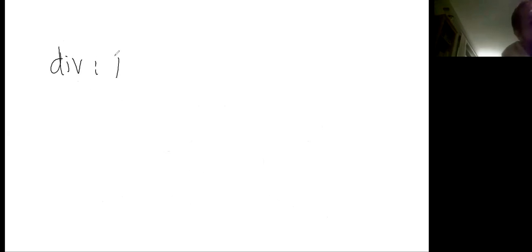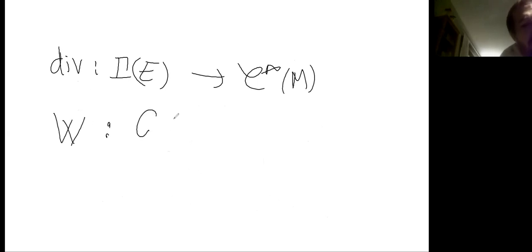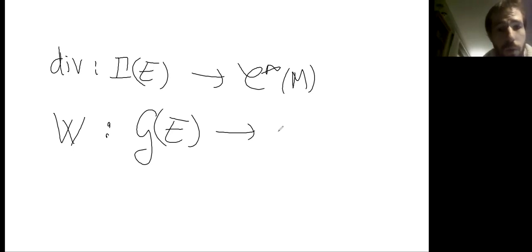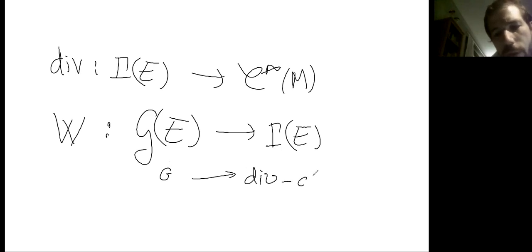If I take a divergence in my Courant algebroid, which is a map from here to here, then I can cook up a map from the space of all generalized metrics into the sections of V, which associates to a generalized metric G, the difference of my divergence minus the Riemannian divergence of this generalized metric.